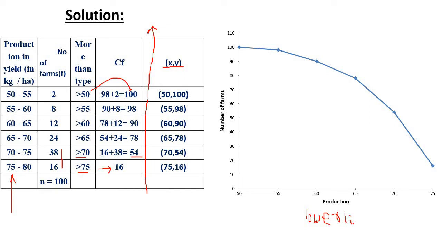So lower limit is nothing but the production. The production is taken along the x-axis, and the number of farms is taken along the y-axis, which is nothing but the cumulative frequency.